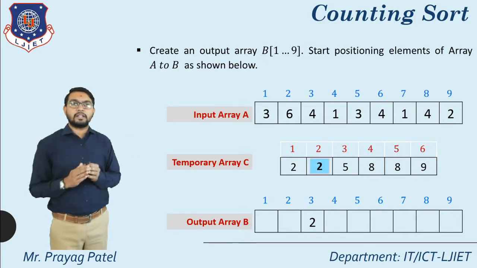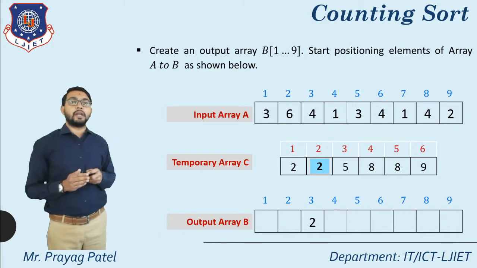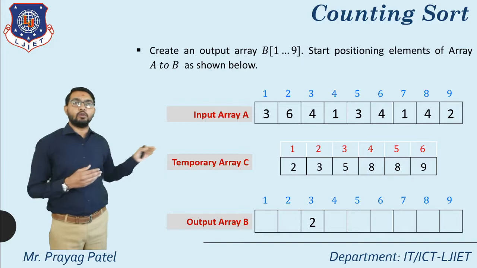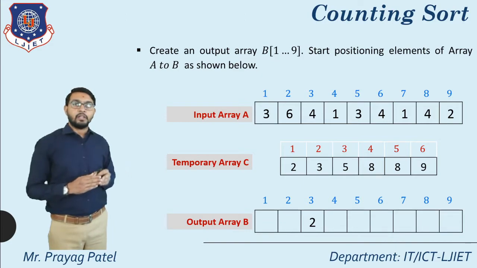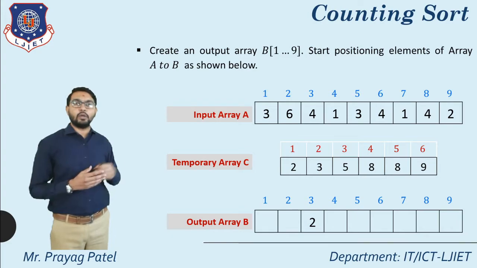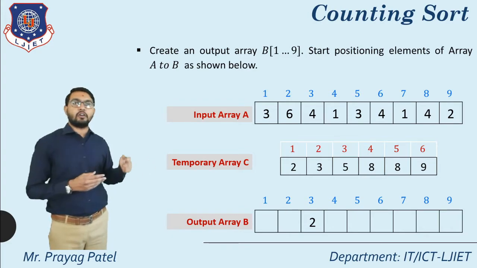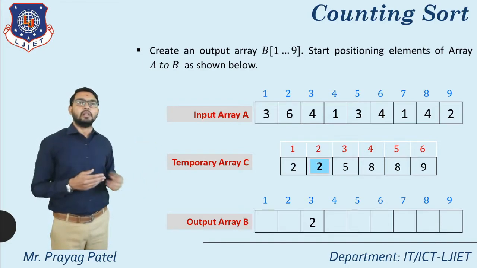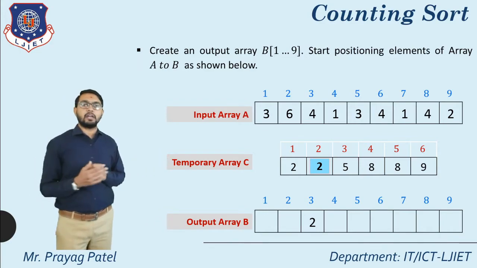But before that, you update array C, because we already had the value 3 at C of 2, but we put one value at B of 3. That's why you decrement the value in array C. So C of 2 was 3, but we decrement it by 1 and the new value is C of 2 equal to 2. Consider this 2 as the updated value.